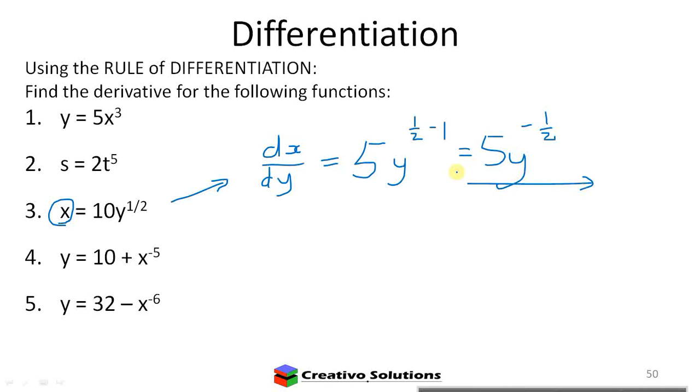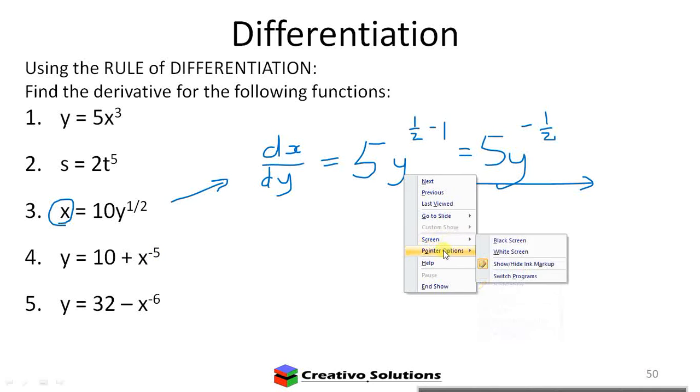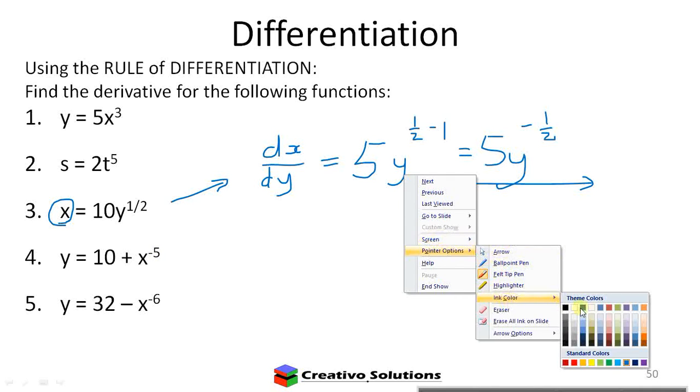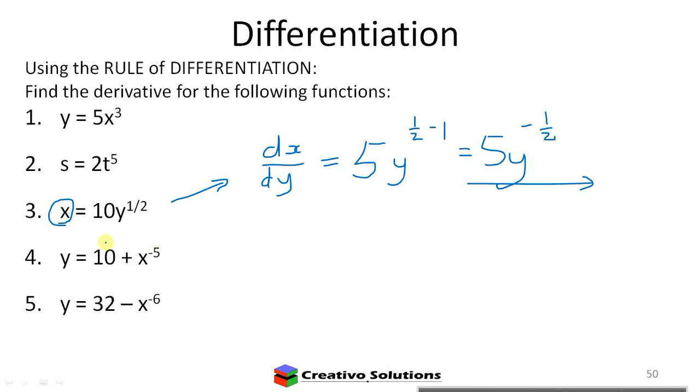Alright, so what happens if there's a constant? A constant being a number that's added to the actual expression. Well, derivatives of constants are 0. When I have any number without an x, the derivative is 0. There is no derivative for it.